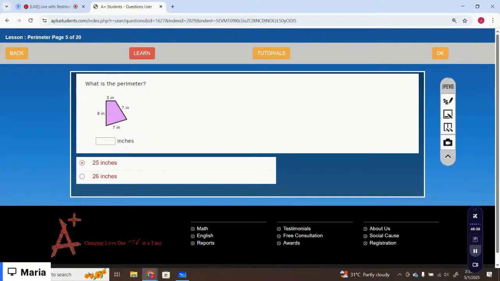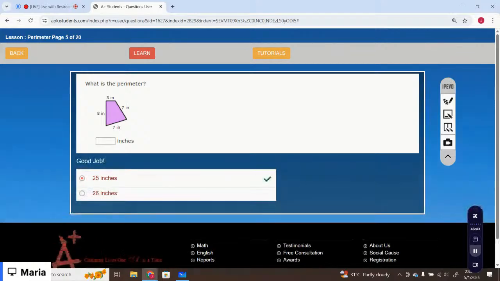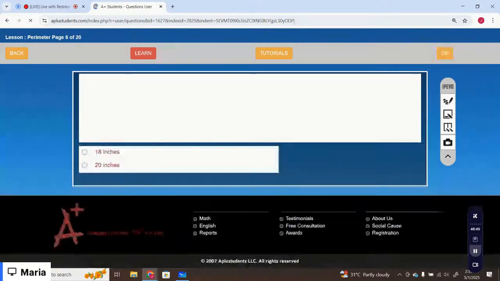Option number 1 is the correct option. Very good. What is the perimeter?